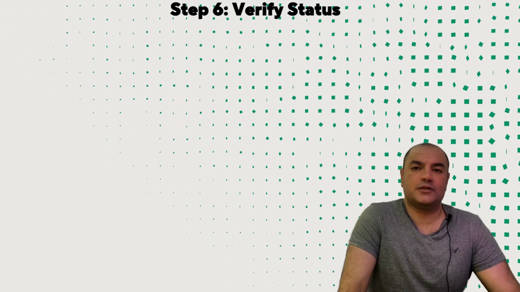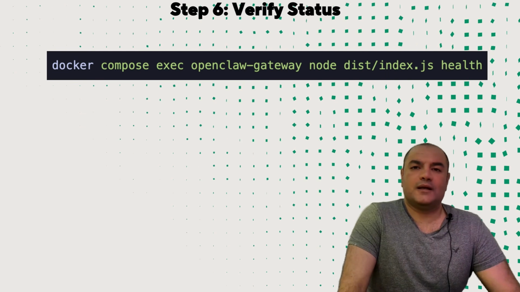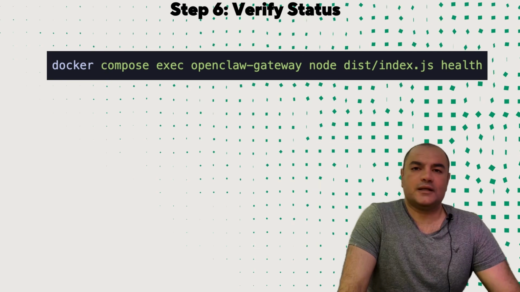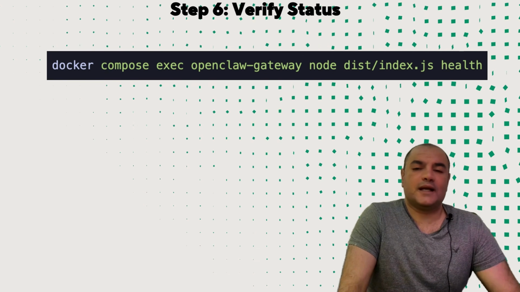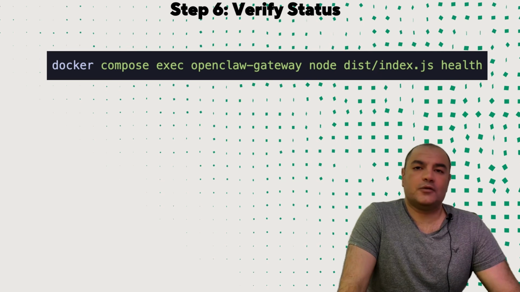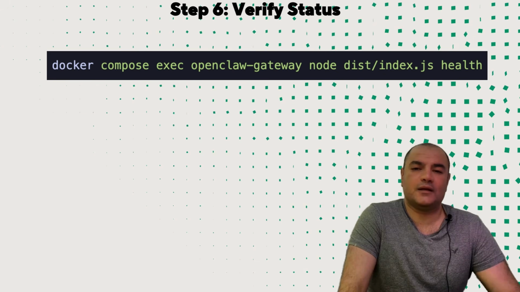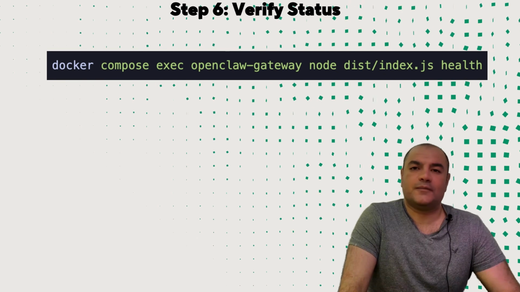For a deeper health check that tests the gateway internals, run docker-compose exec openclaw-gateway node dist/index.js health. Important, you will see Sandbox inactive, gray or red. This is correct. We haven't built the sandbox yet. That is our final step. Ignore it for now. As long as the file system is locked, you are good.